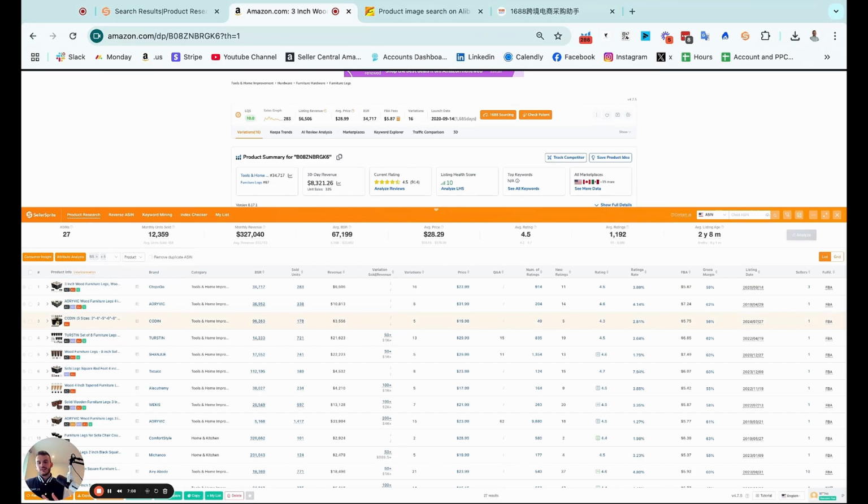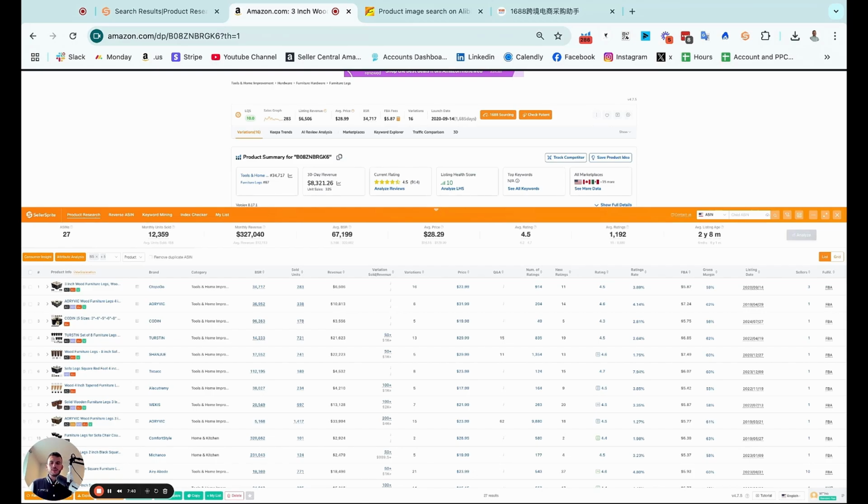Then it gives you a breakdown of things such as the average BSR across these competitors, the pricing, how many units are sold, and you can see the overall average on top, and the age of the listing in general. This is super important to know if you're entering a niche that is just getting started, or a niche that is very consolidated. If it's very consolidated, that's a red flag, because it means it's very competitive and you want to avoid those.